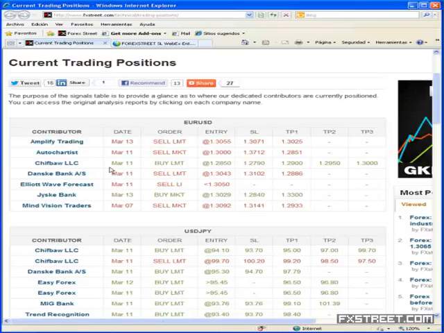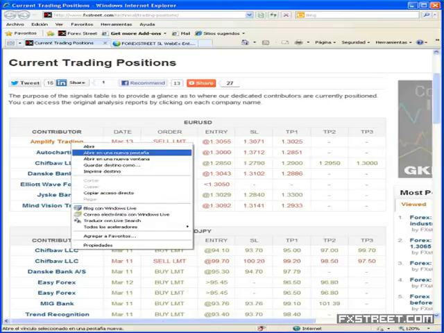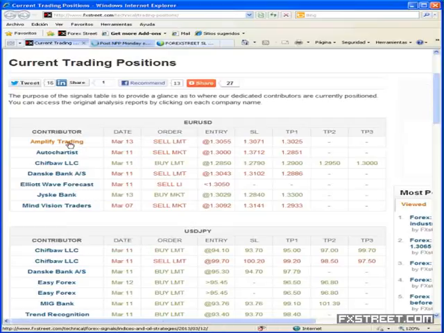For a more approximate time, you can always click on the contributor, as an example here, and this will immediately link to the report where we extracted that information. And here you have the time of the report, the time of publishing.